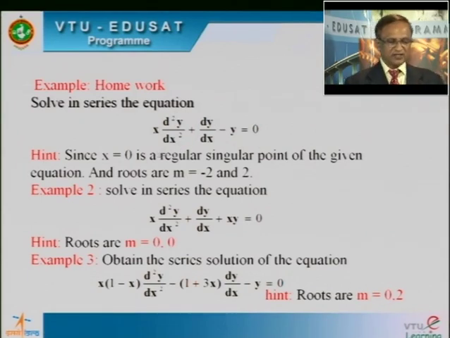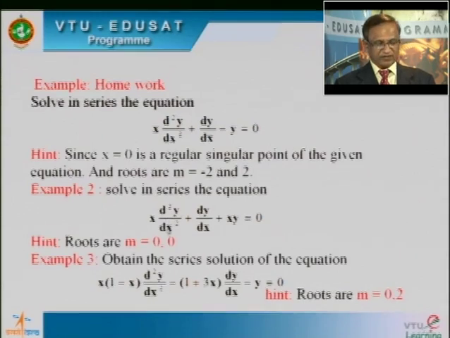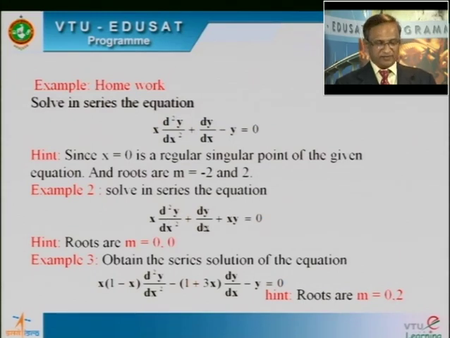equation, right? So exactly in the similar way you can find out the solution of another equation, say x into d square y upon dx square plus dy by dx plus x into y is equal to 0. Again you can observe x is equal to 0 is a regular singular point.